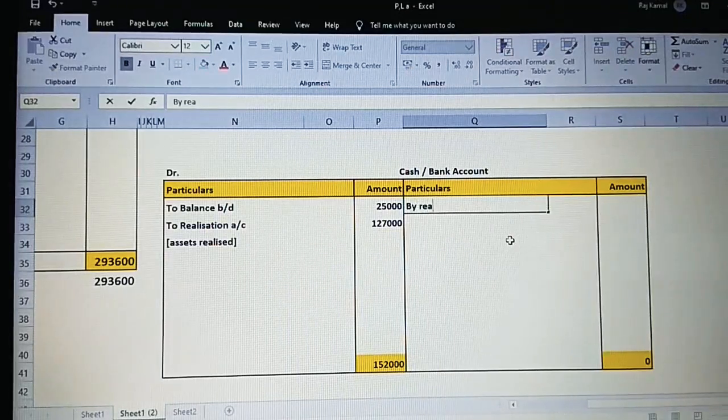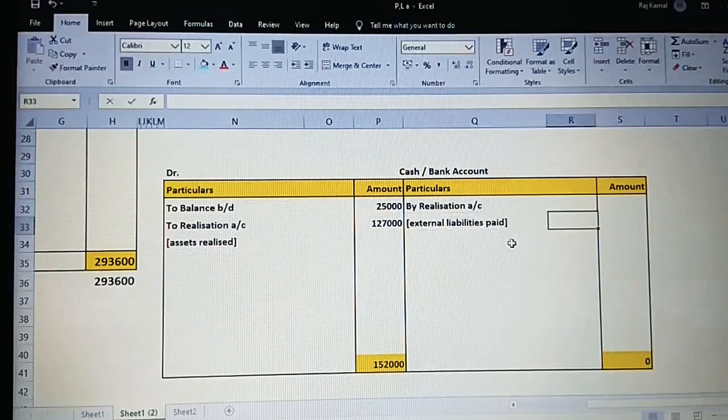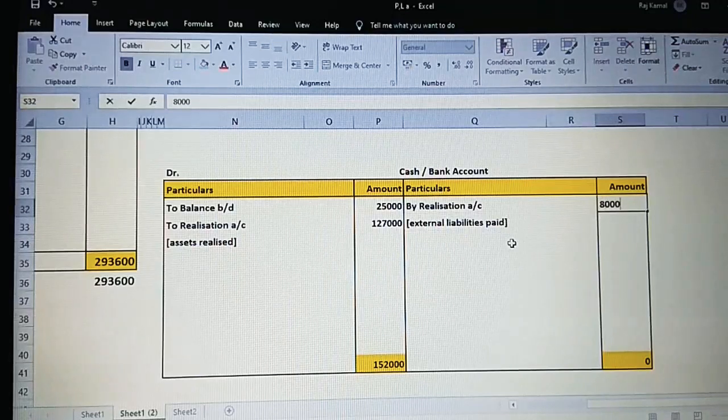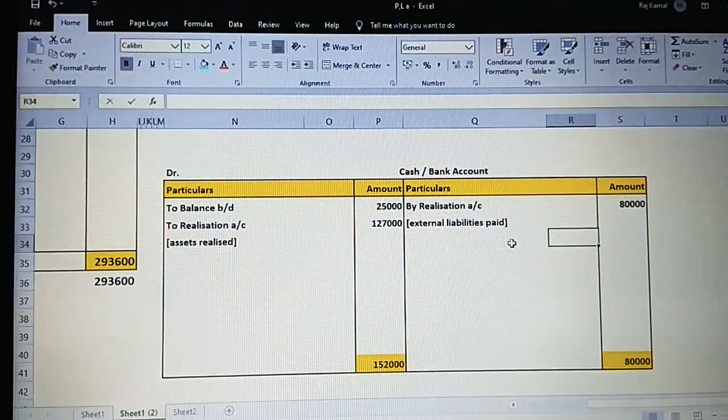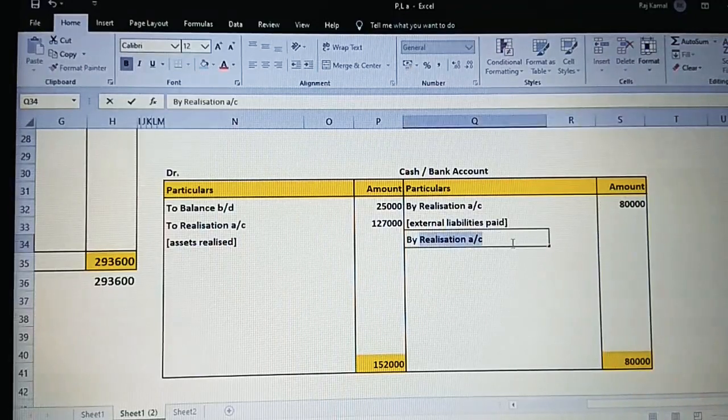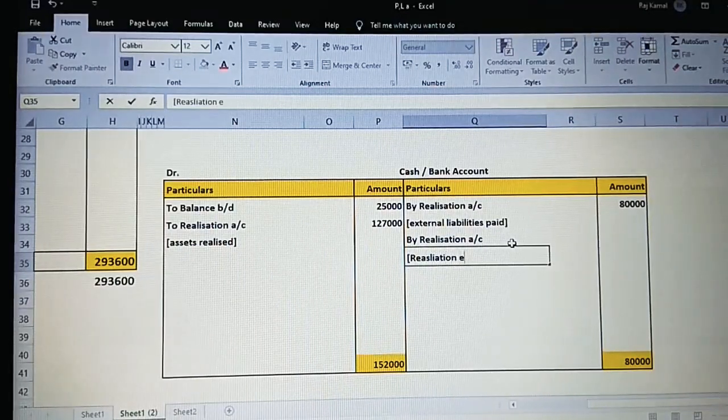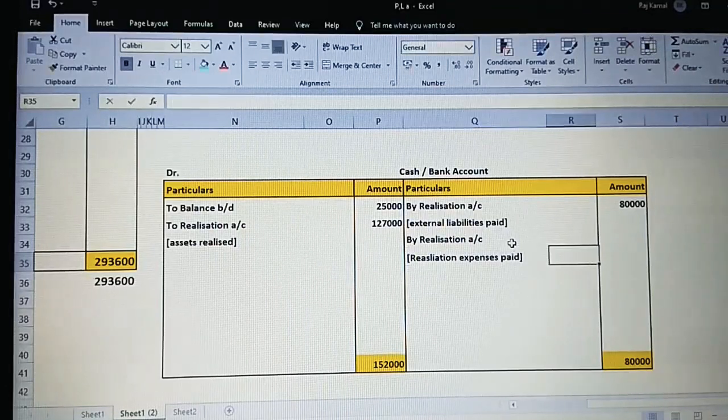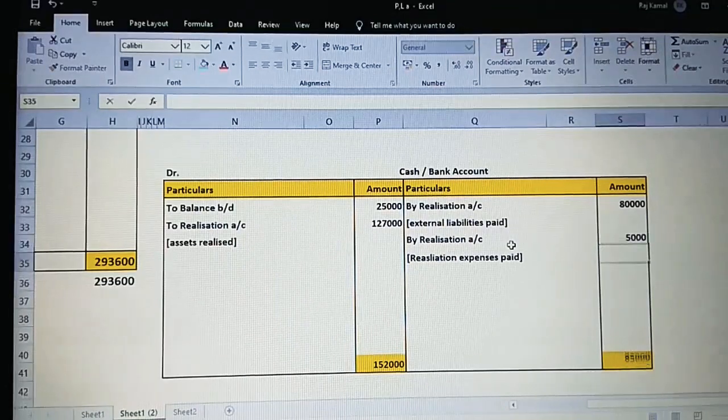By realization account, external liabilities paid. The value of that is 80,000. Next, by realization account, again, realization expenses paid, and the value of that is 5,000.